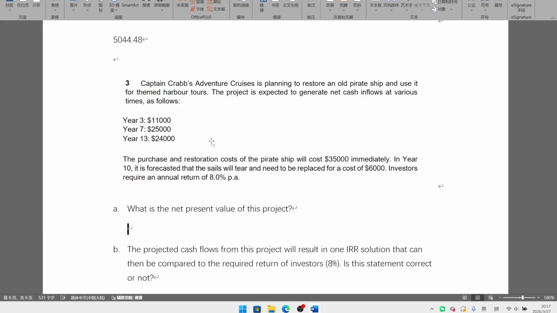N is 3, I is 8, FV is 11,000. So we just compute the present value. It's 8,000. I don't know. Next one, we can find that N is 7, I is 8, future value is 25,000.